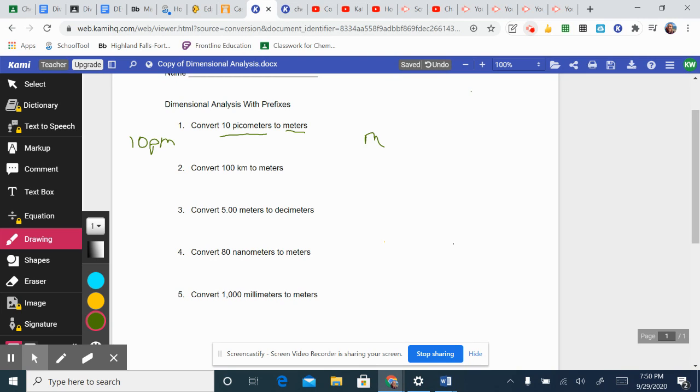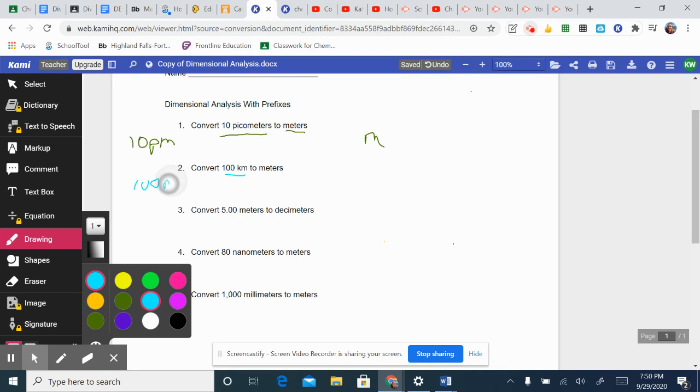So I'm just going to go ahead and do that for all of them really quick so that I have all my problems set up nicely. So I have 100 kilometers, and I'm converting that into meters. And then the next one, I have 5.00 meters, and I'm converting that into decimeters.